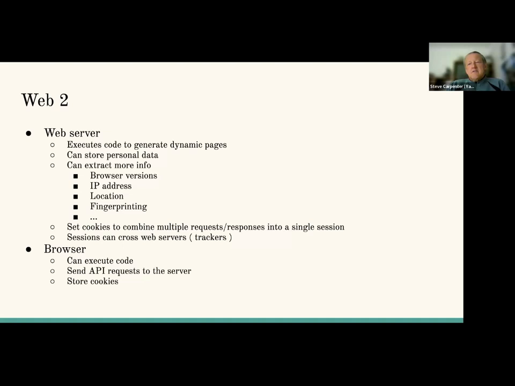A little bit. I'll come on later, in a couple of slides' time, to ways to use Web2 in good ways. There are tools on the internet to actually test your browser configuration.